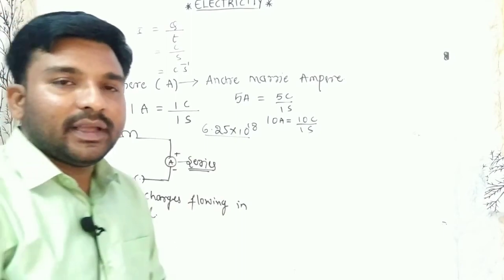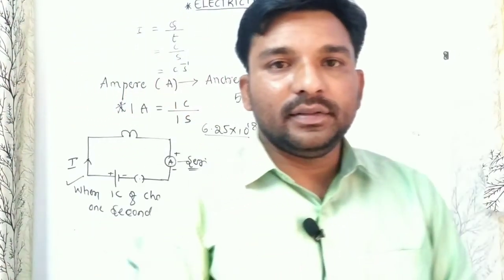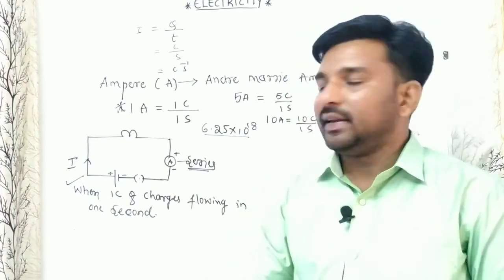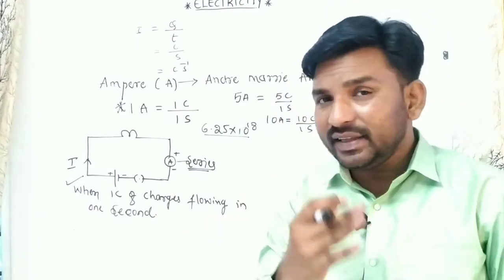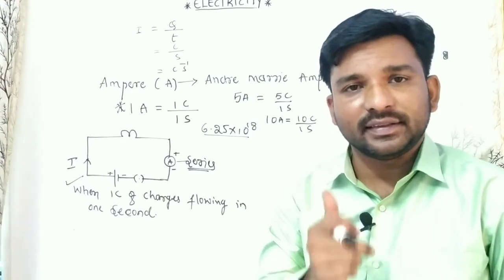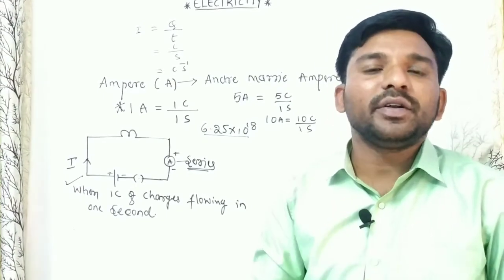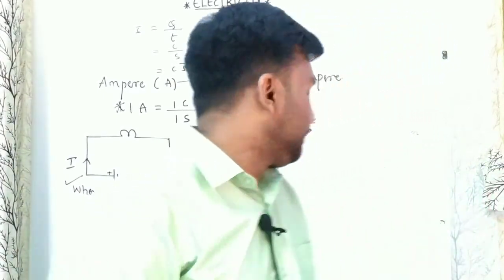Now let's suppose that the amount of current in the circuit is very small. Is there any smaller unit to measure the current? Yes, the current has some smaller units to measure the electric current.